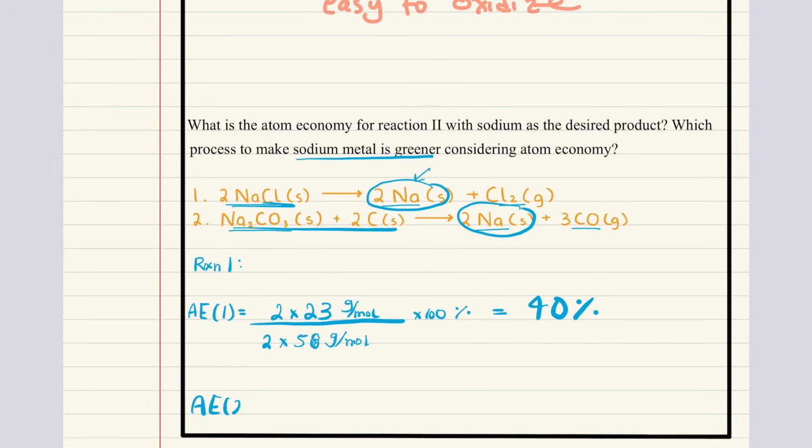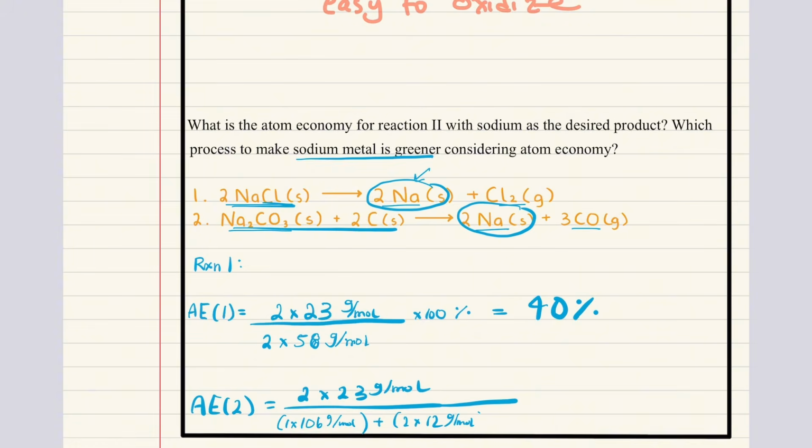Now reaction 2. Again, the desired product is sodium metal. The balanced equation gives us 2 moles of sodium, so the numerator is still 46 grams. The reactants are 1 mole of sodium carbonate and 2 moles of carbon. 1 mole of sodium carbonate has a molar mass of 106 grams per mole, and each mole of carbon is 12 grams per mole.